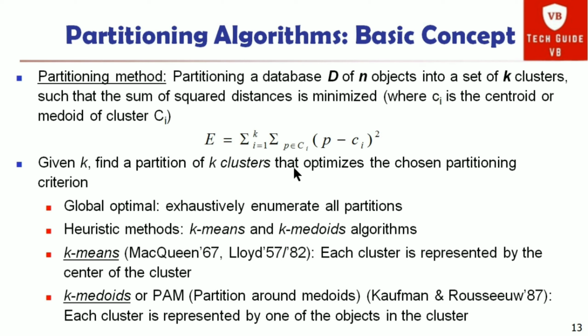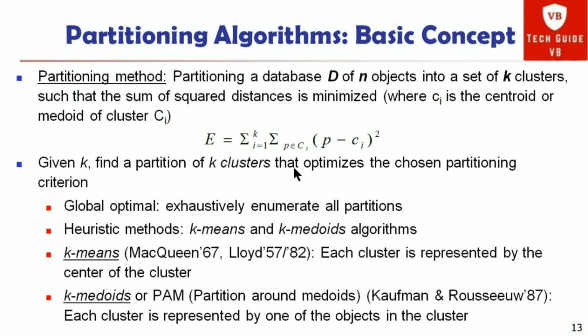Given k, we have to find a partition of k clusters that optimizes the partitioning criteria, that is the global optimal, which would exhaustively enumerate all partitions, or use heuristic methods. What are the heuristic methods? The k-means and k-medoids algorithms. In k-means, each cluster is represented by the center of the cluster.